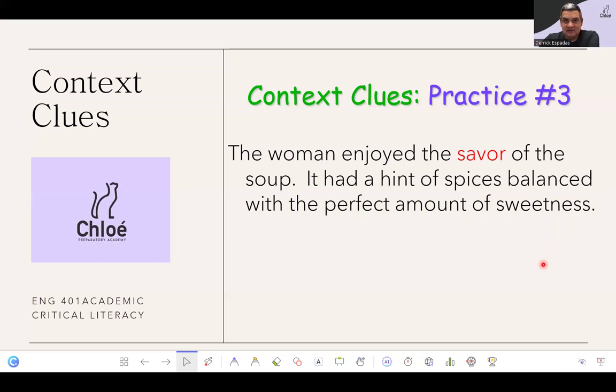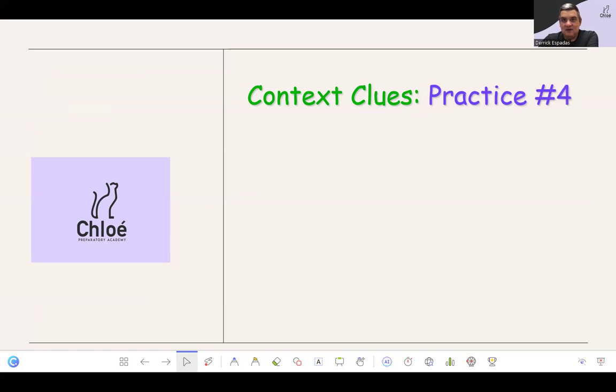So let's take a look at that second sentence, a hint of spices balanced with the perfect amount of sweetness. That sounds like someone who's really enjoying. So what does savor mean in that context? And the next slide is actually the correct number.